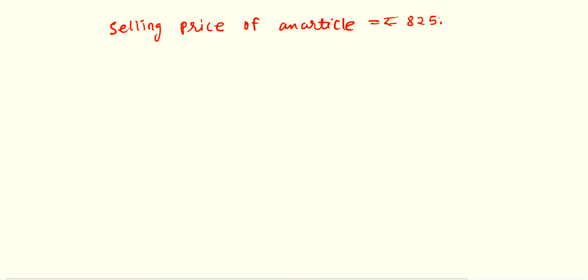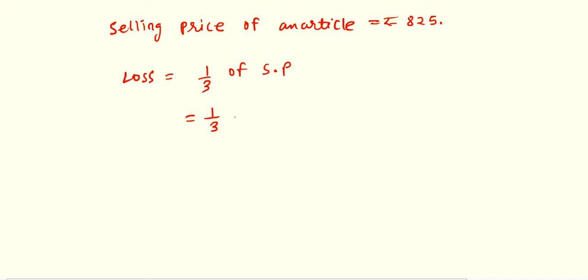Then a man loses an amount equal to 1 by 3 of its selling price. So the loss is 1 by 3 of the selling price.